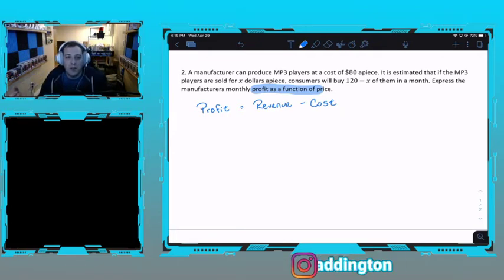So revenue is how much money the business brings in. It's how much we as consumers buy stuff for. The cost is how much the business is paying to make a product. And the profit is the overall amount of money that the business made. So we just got to break down and figure out what piece represents what.